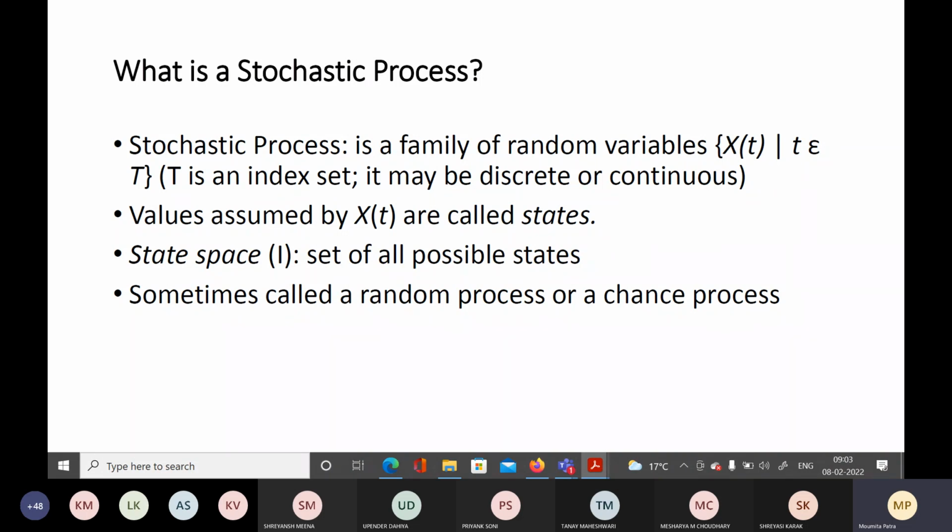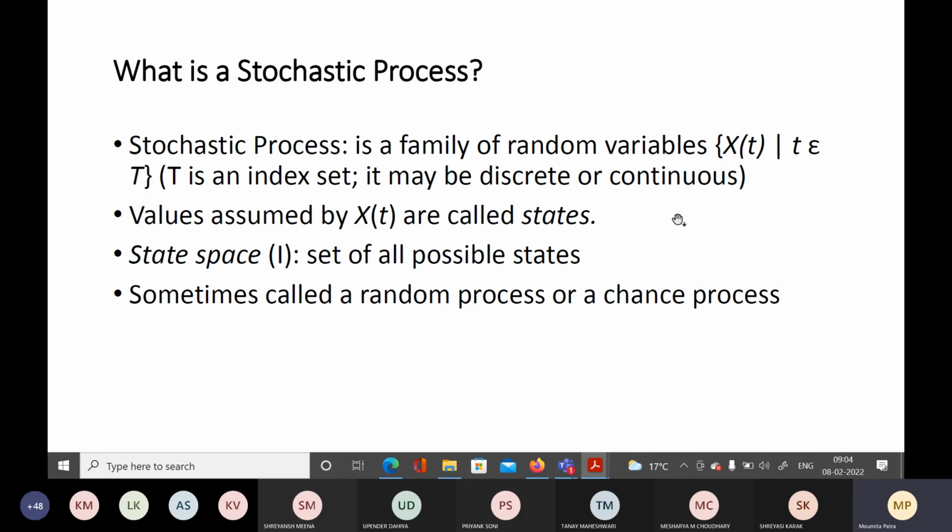I have already given you the definition of what a stochastic process is. This is the formal definition on the slide, as you can see. A stochastic process is a family of random variables given by X(t) such that t belongs to capital T, where T is an index set and t can be either discrete or continuous.